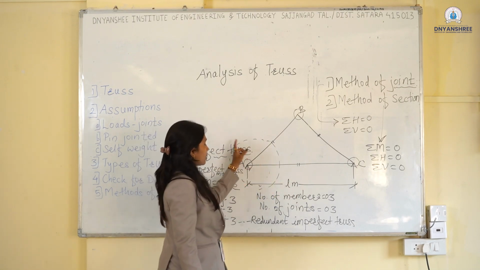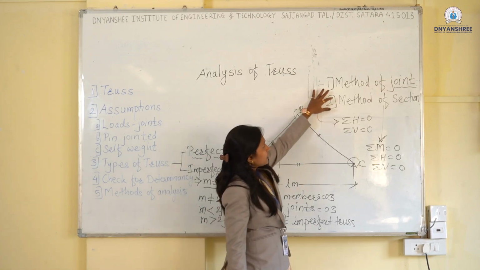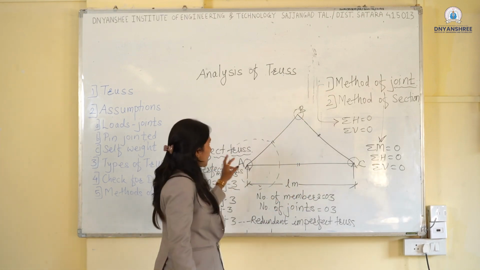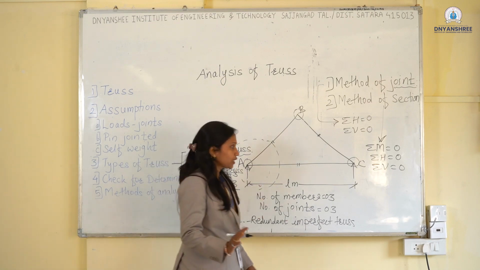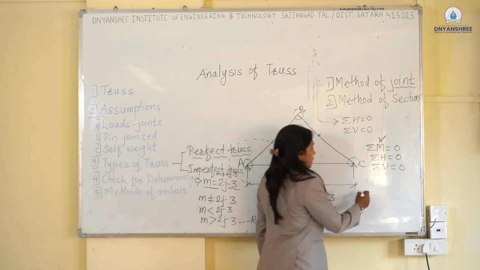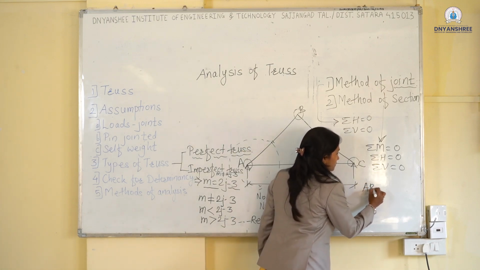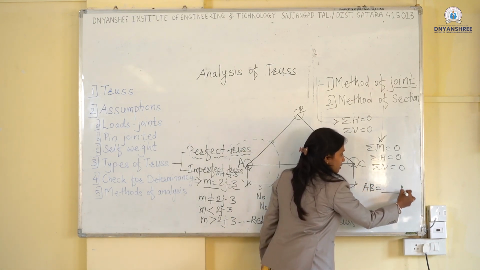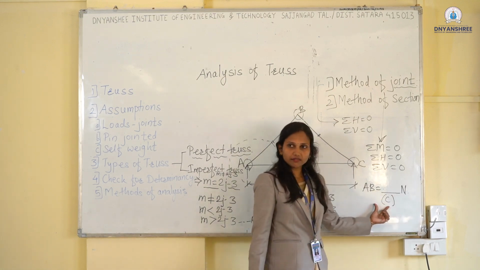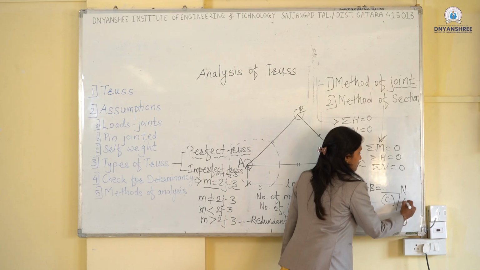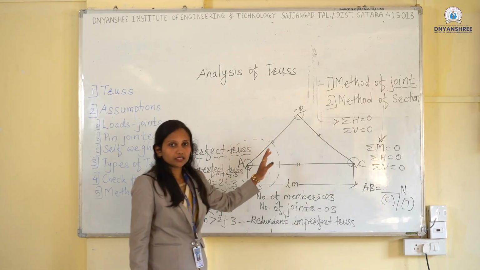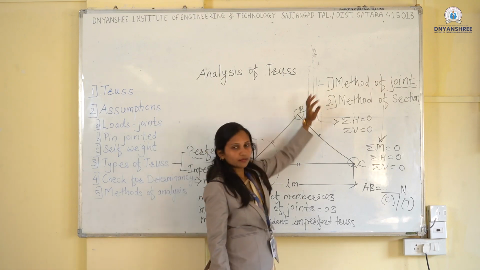So with the help of these two methods we can analyze the truss. That means we can calculate the force in the AB member, its magnitude in newtons, and whether it is compressive or tensile. That we have to mention in the method of analysis through these two methods.